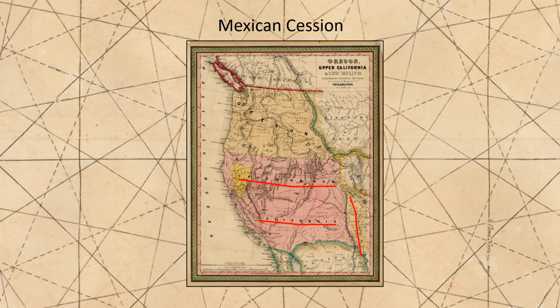These lands, called the Mexican Cession, came into the country as unorganized territory. However, the increased immigration into the area, especially spurred by the discovery of gold in California in 1849, made it obvious that this territory had to be divided and politically organized. One result was that both California and New Mexico applied for statehood.